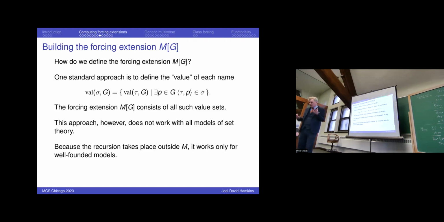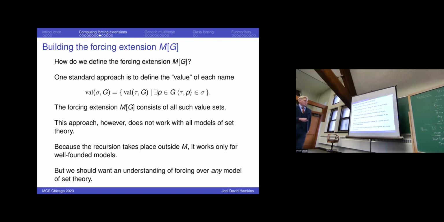Inside ZFC, we can talk about well-founded trees, and that's the kind of well-foundedness I was talking about in that argument. Right. For something to be a P name is definable in set theory, and it has to do with those trees and well-founded and so on. But those trees might not actually be well-founded. It's just that the model of set theory thinks they're well-founded because it has a ranking function into its ordinals, but its ordinals might not be well-founded if it's not a well-founded model, right? Okay.